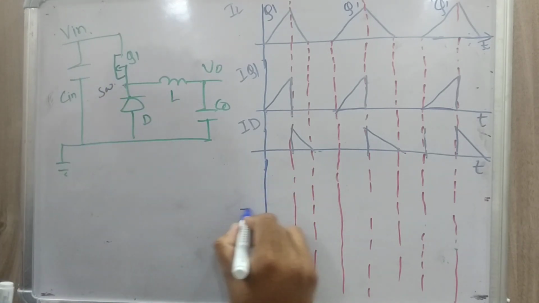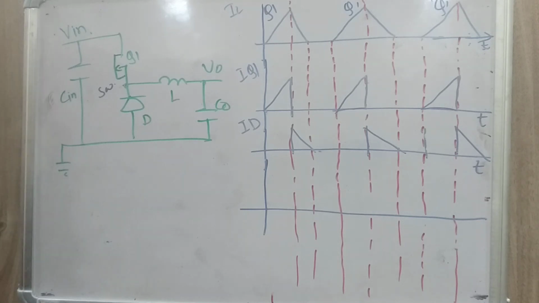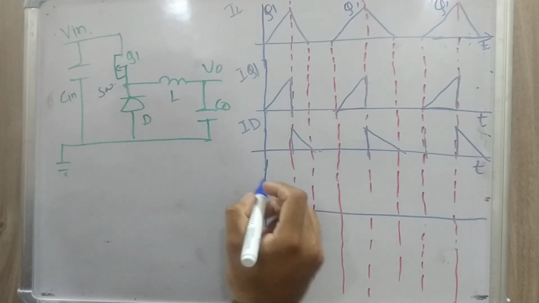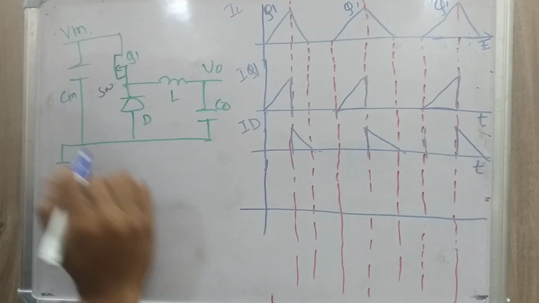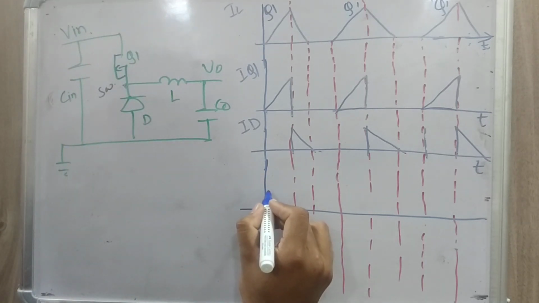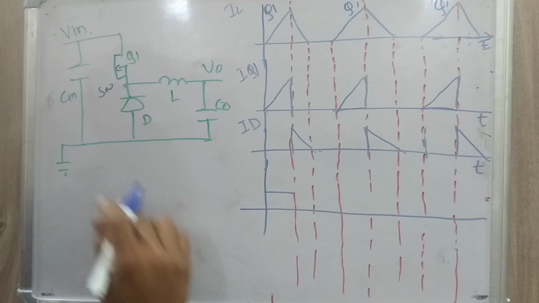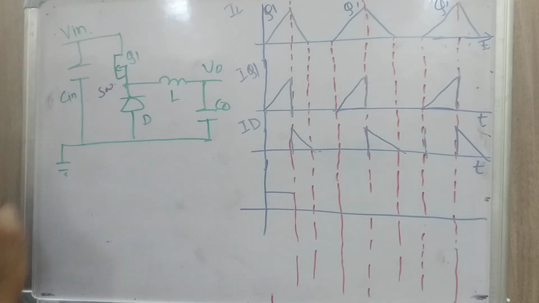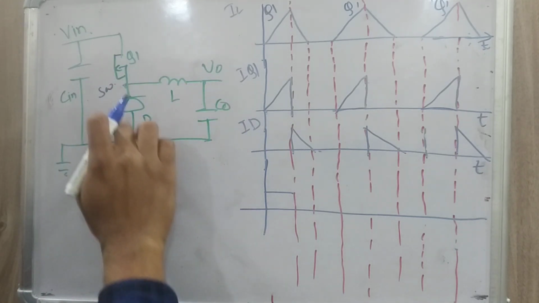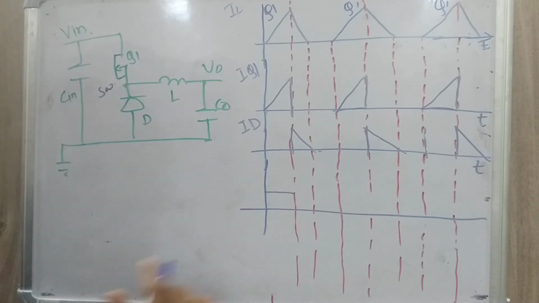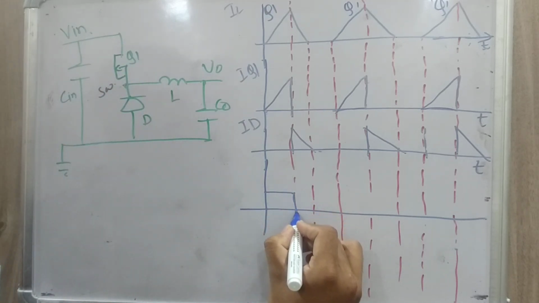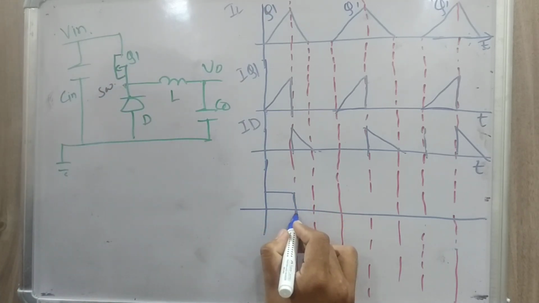Now if we see the switching node voltage, when Q1 is on, Vin is shorted to the switching terminal. So this is Vin. Now when Q1 is turned off, the inductor energy freewheels through the diode, so it is minus 0.7 as we saw earlier.